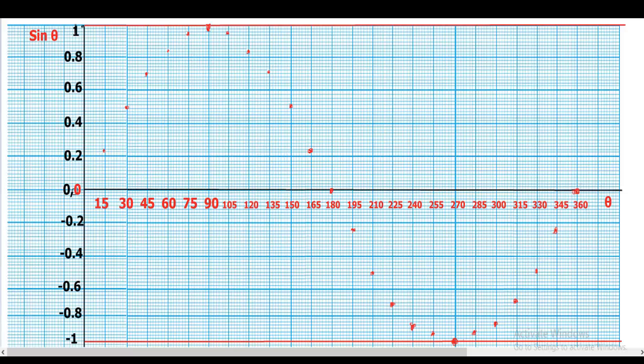Let's draw a line joining these points together. Let's change the color, size, also color black, from 0 to this point, then to this point, to this point.